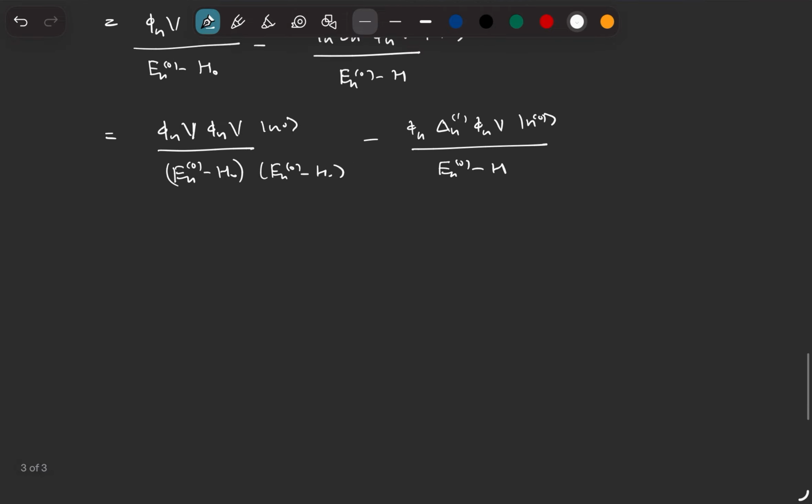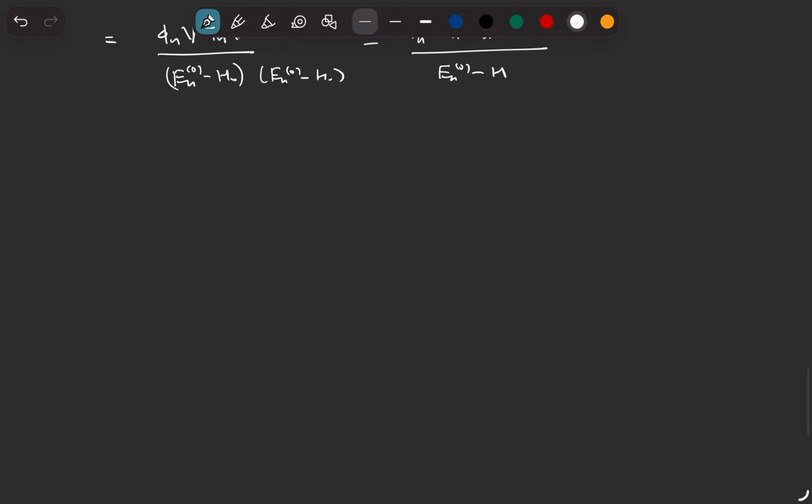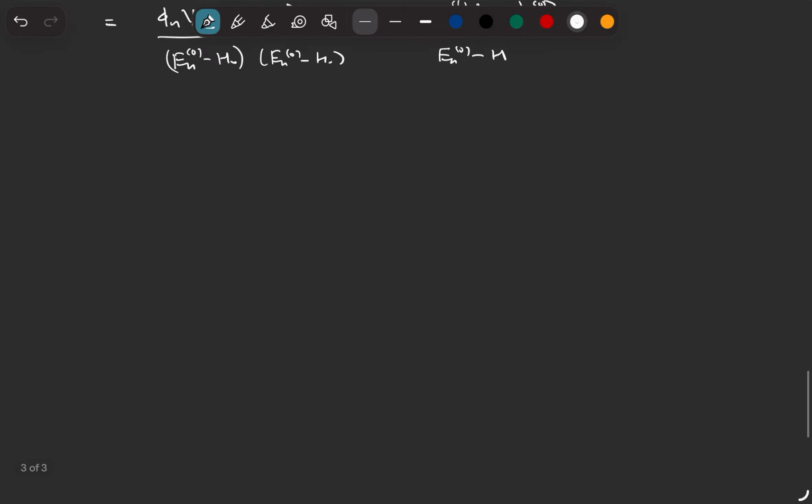Okay, so like this, you can go ahead and compute different orders of corrections. And I know it might look really complicated, but in principle, when we do examples, it's not that complicated. You can easily compute corrections of different orders.